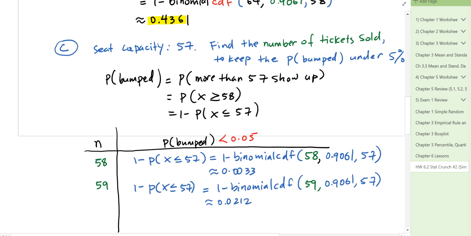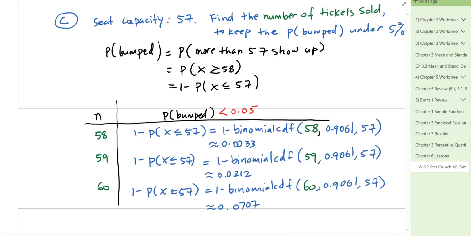And that 0.0212 is still under 5%. I'm going to try one more. So let's try 60. If I try 60, notice that I get 0.0707. Notice that with 58 tickets we're under 5%. If we sell 59 tickets, still under 5%.